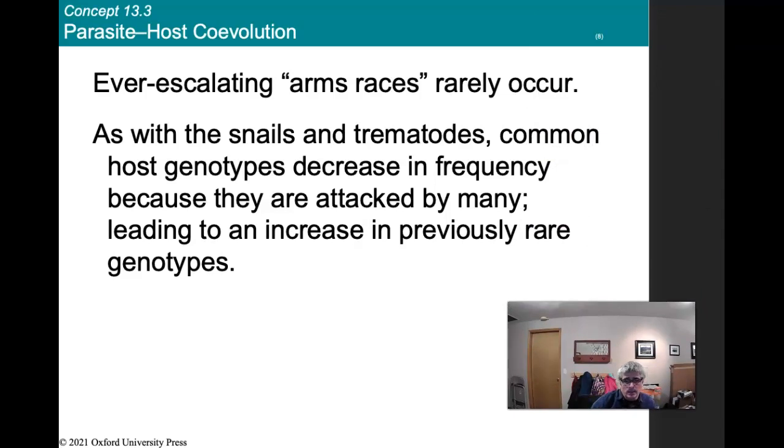So this ever-escalating arms race can occur. As with snails and trematodes, common host genotypes decrease in frequency because they're attacked by many, leading to an increase of previously rare genotypes.